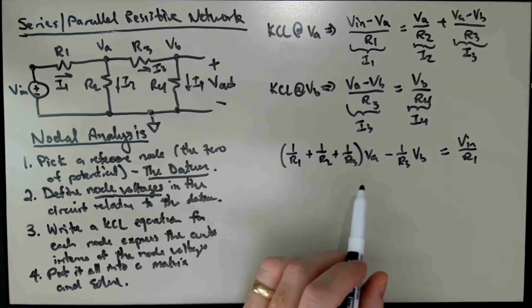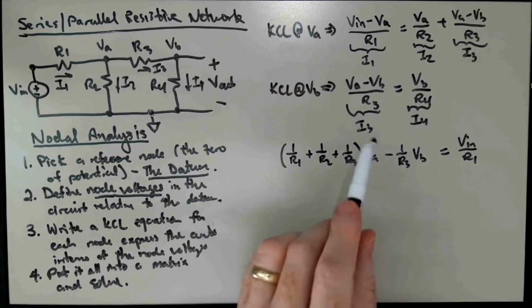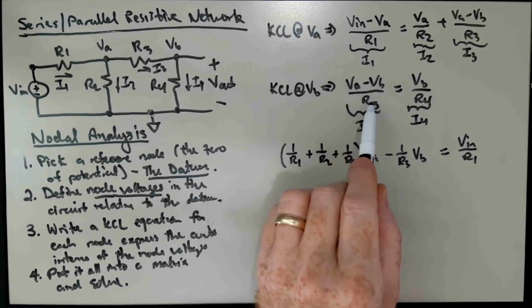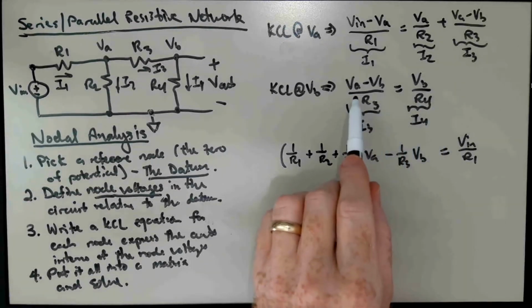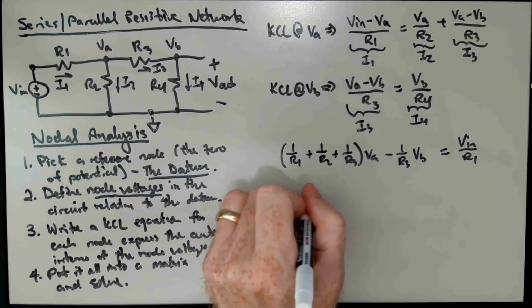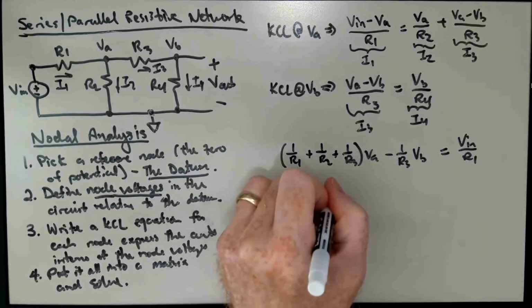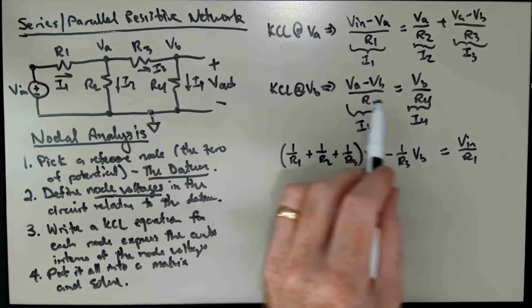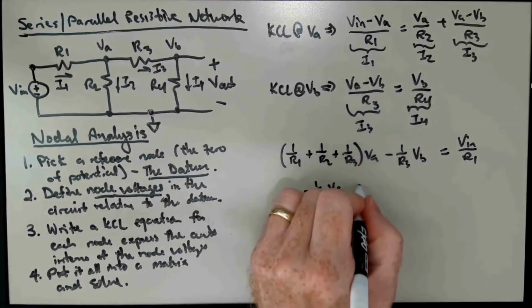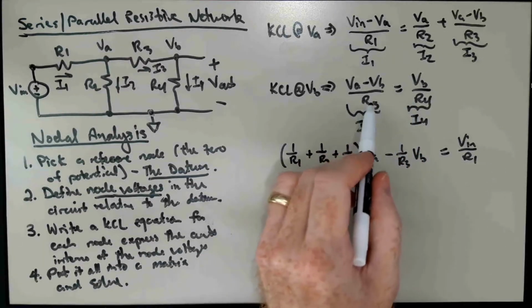The second equation, for Vb: let's put everything on this side. So we're going to have a minus 1 over R3 VA, and then two terms involving VB.